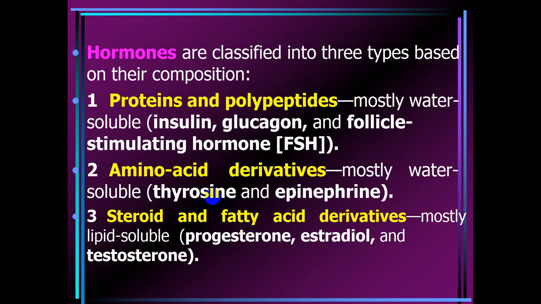By the chemical nature, hormones are classified into three types. First group, water-soluble hormones, proteins, and polypeptides. Examples of these hormones are insulin, glucagon, and follicle-stimulating hormone, maybe some other hormones. The second group, also water-soluble, is amino acid derivatives.